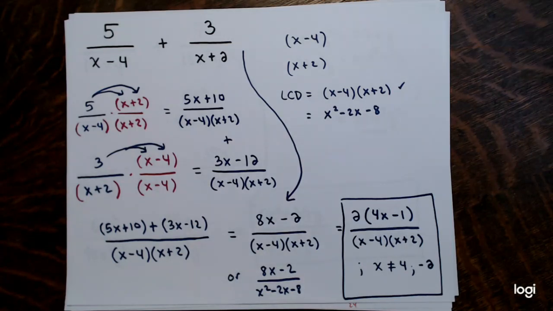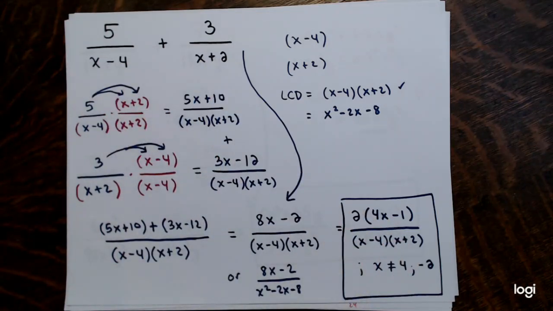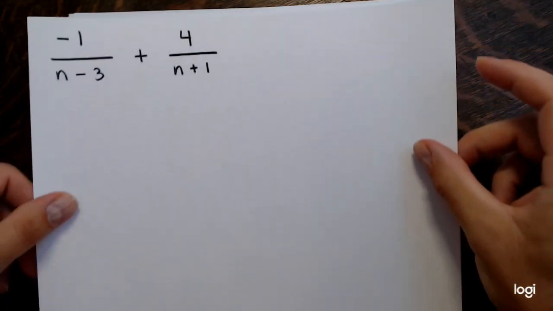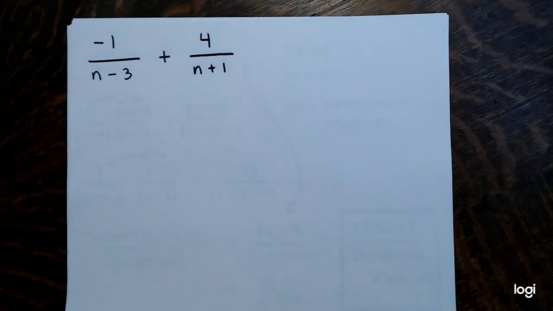Plug in 1 for x, 5, 3.5, 2/3, plug in whatever you want for x as long as it's not these two, and this plus this will be equal to this value here, and you can check that out yourself. Alright, so again, I got several more, and it's going to be a long one today. And feel free to skip ahead, skip around, look through specific examples if you want.